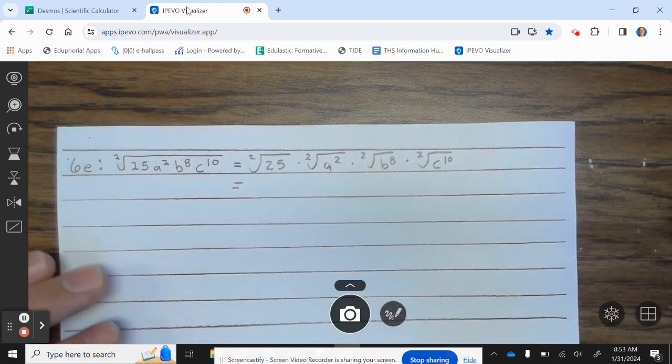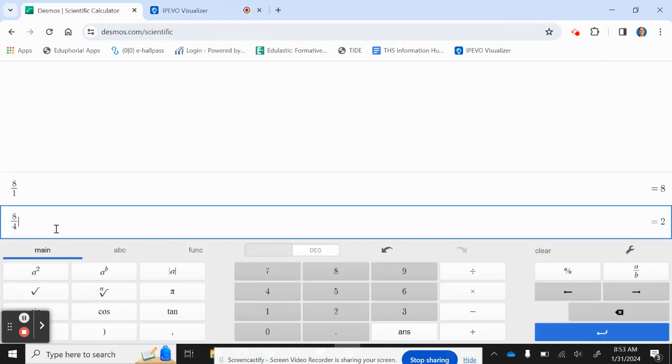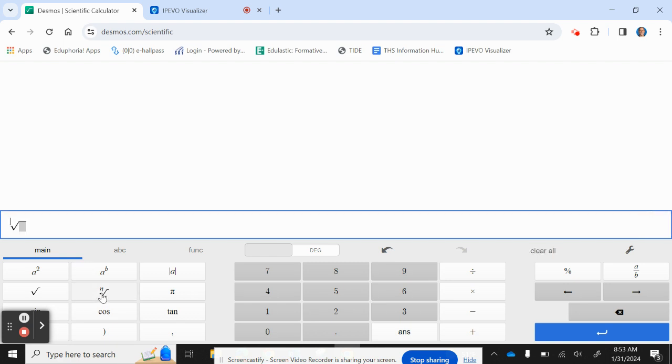Okay, well, let's find out what the second root of 25 is. It is 5.